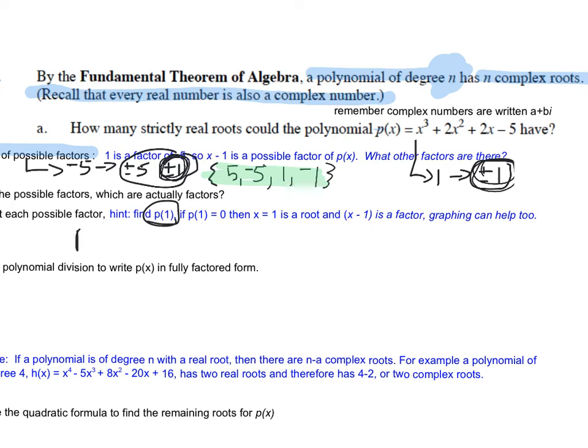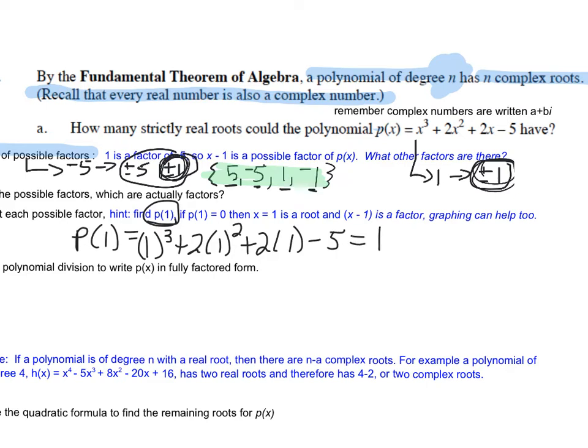So another way to determine a factor is to take each one of these possible factors and plug it into your polynomial. So if I take p of 1 and I plug it in, I'm going to get 1 cubed plus 2 times 1 squared plus 2 times 1 minus 5, which is equal to 1 plus 2 plus 2 minus 5, which is equal to 0.